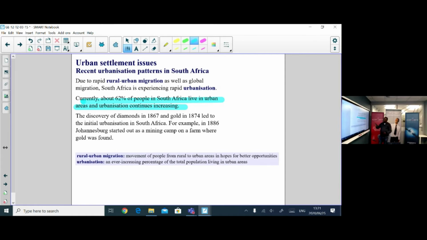The discovery of diamonds in 1867 and gold in 1870 drove urbanization in South Africa. When diamonds were discovered in Kimberley, it attracted a lot of people from overseas.